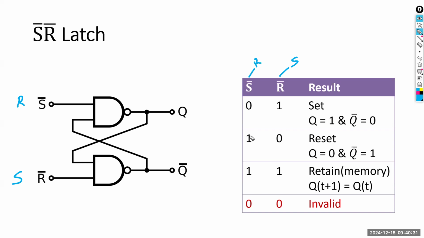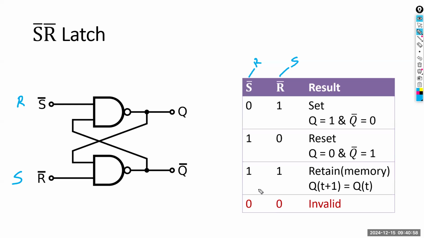But there's a small difference here. Earlier, when S is 0 and R is 0, it was memory. But in the S bar R bar latch, with S and R in the original terminology, only when both are 1 is it memory. Earlier, 1 was the invalid situation. Now, 0 is the invalid situation.